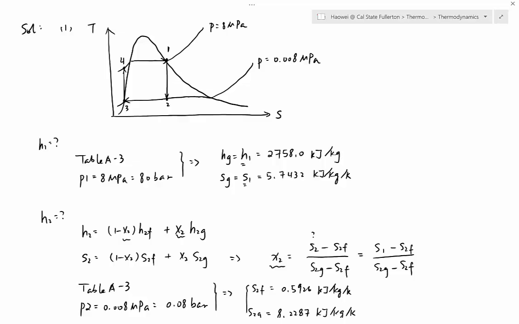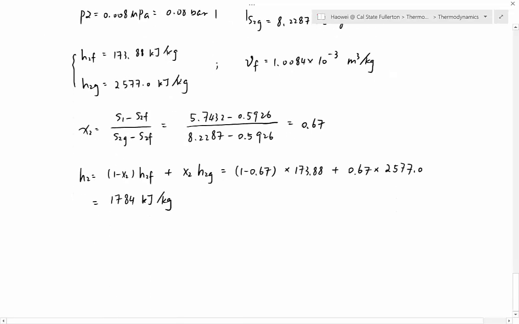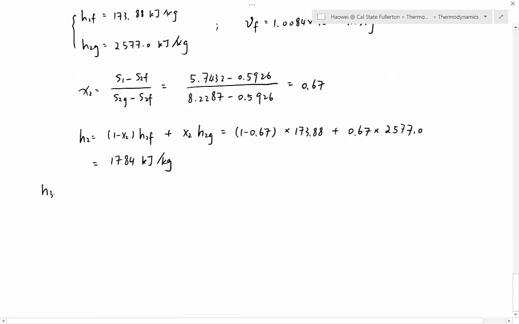So we actually found HF at this pressure. That is just my H2F. H3 is equal to H2F. We found it already. It's 173.88 kilojoule per kilogram.